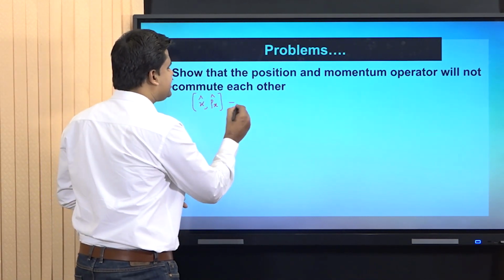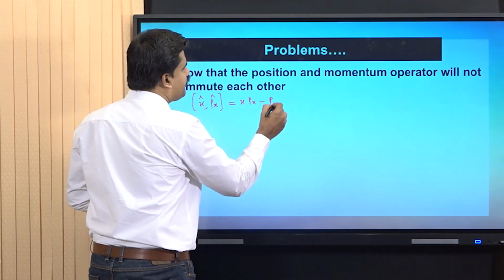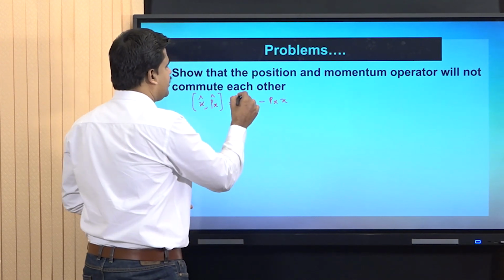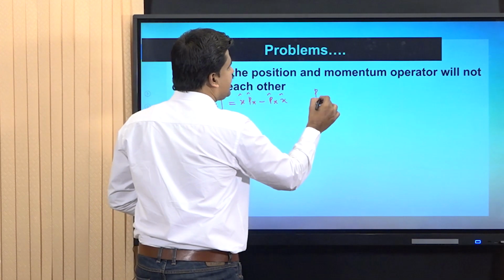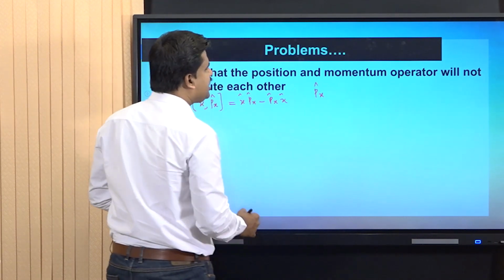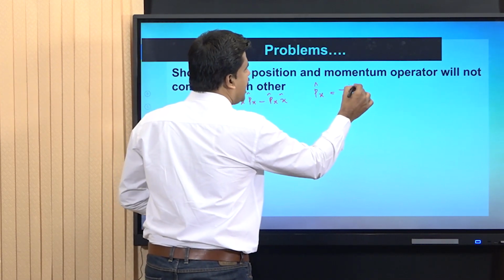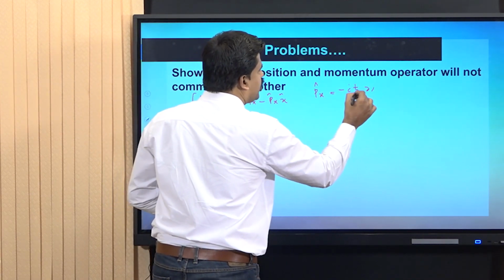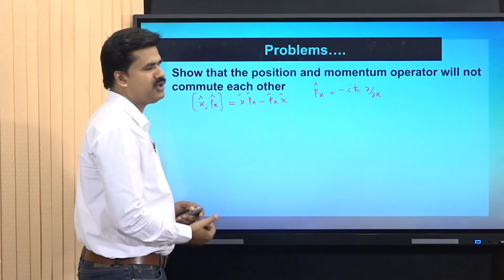By definition it is equal to x px minus px x. You can put hat also. px hat is equal to minus i h cross dou by dou x.